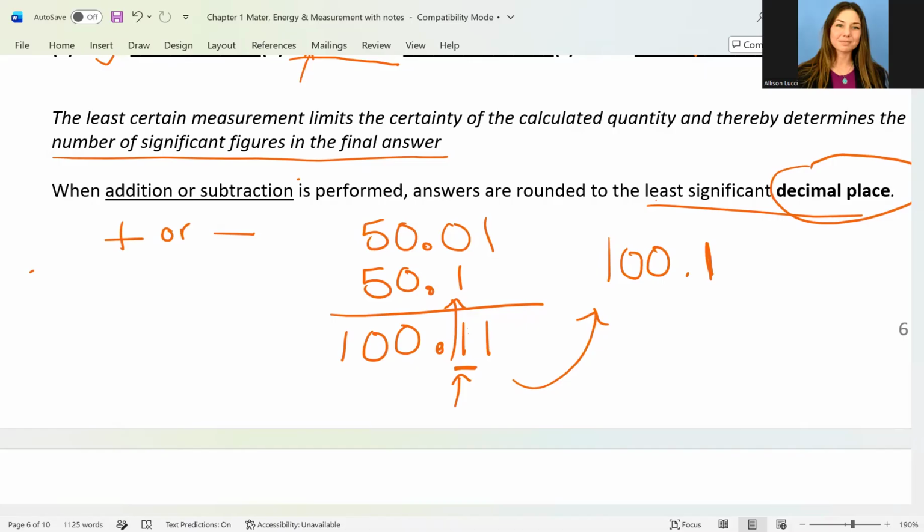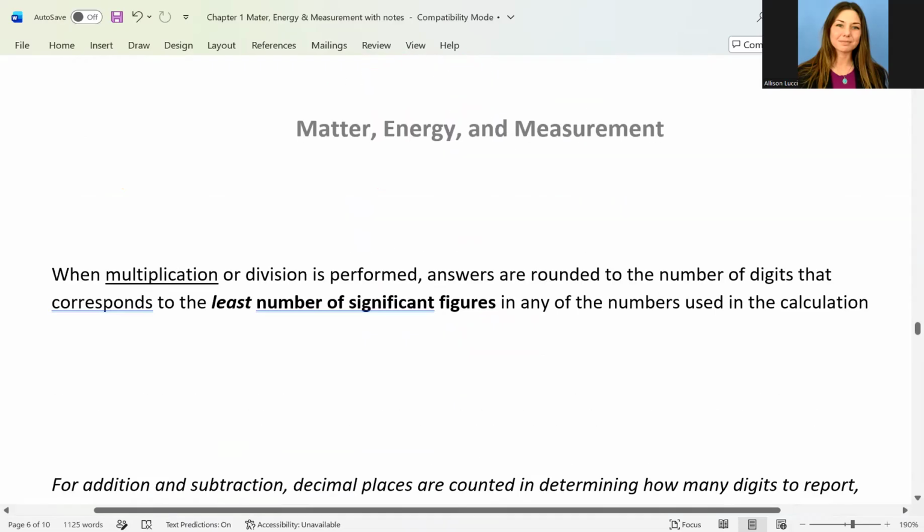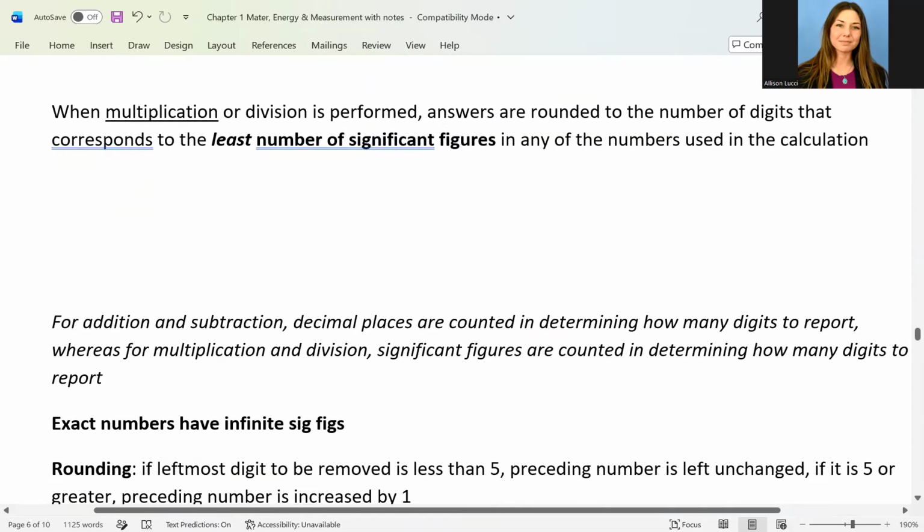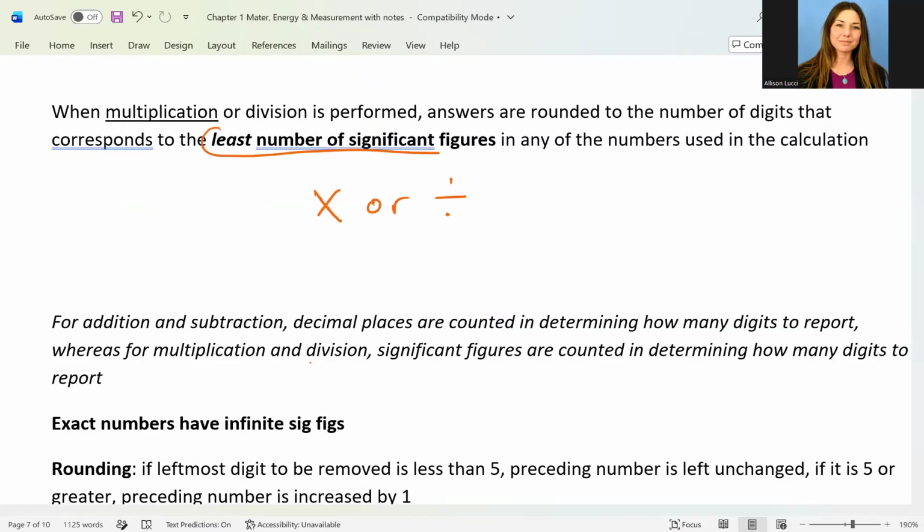Next, we can see multiplication or division. Now we're just going to look at the least number of significant figures. Let's say we have 135 times 10, for example.